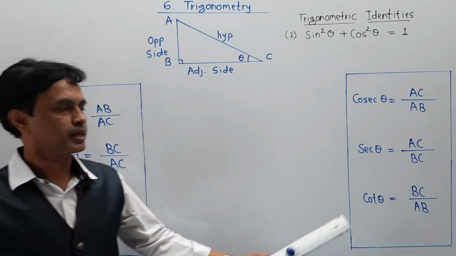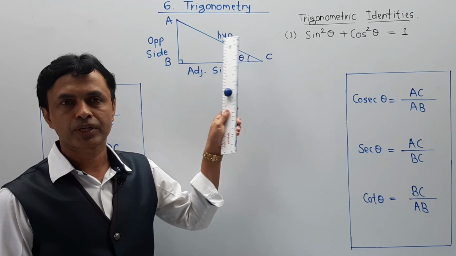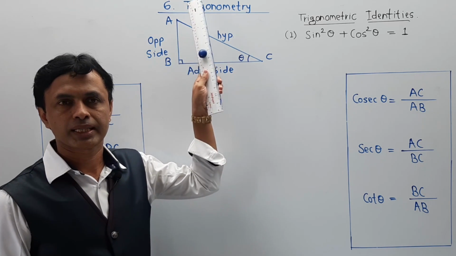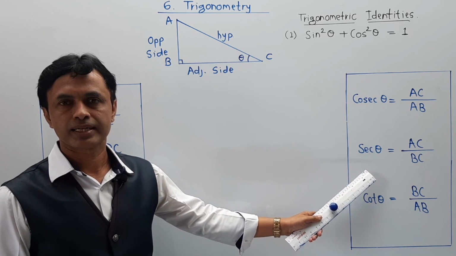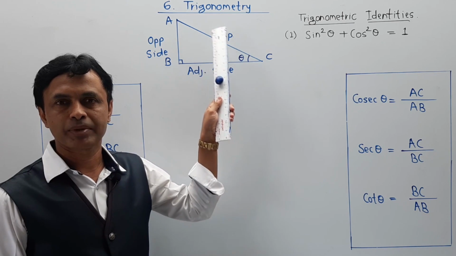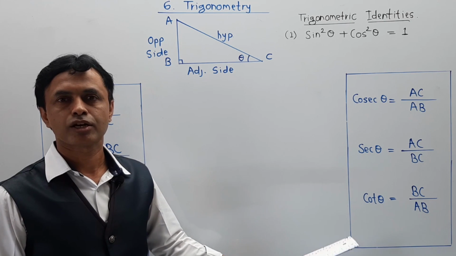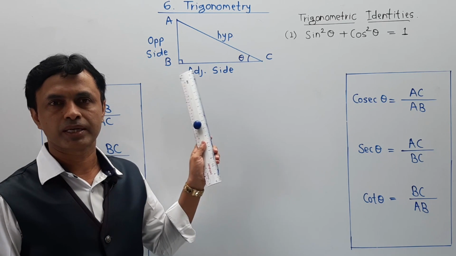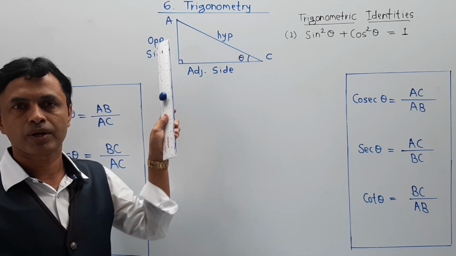Similarly, cosec theta is hypotenuse upon opposite side, AC upon AB. Next, sec theta is hypotenuse upon adjacent side, AC upon BC. And last, cot theta is adjacent side upon opposite side, BC upon AB.